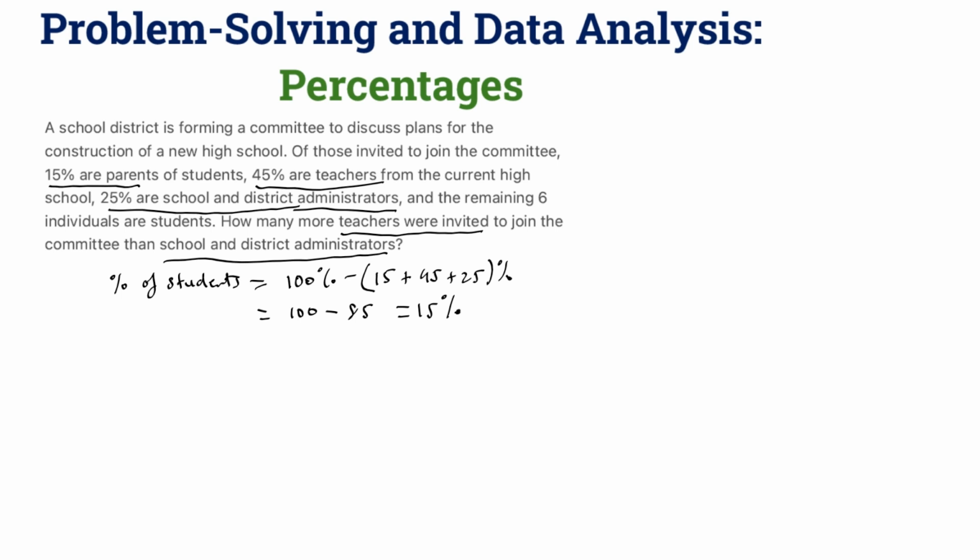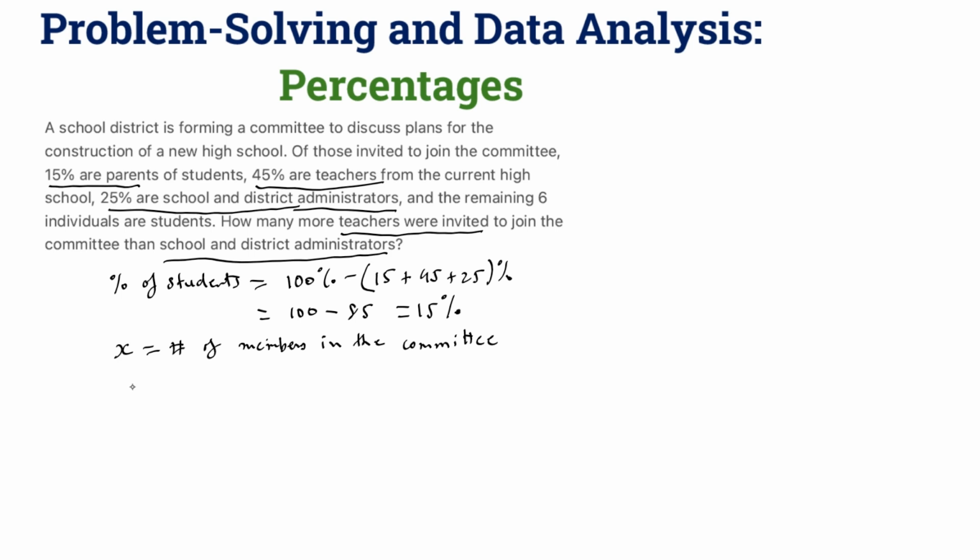This percentage of students equals 6 individuals, right? So let's say X is the total number of members in the committee.